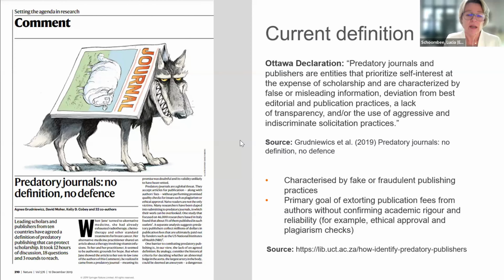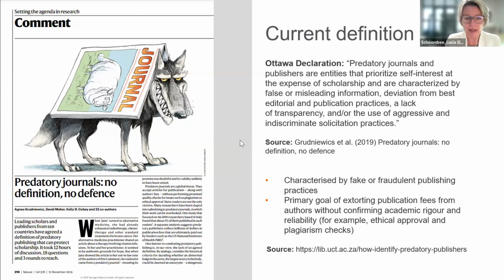This led up to around 2019, when some researchers in science and technology came together and put together a definition that is now known as the Ottawa Declaration. They published this in November 2019 in the journal Nature. On the left-hand side, you can see how the article was presented.